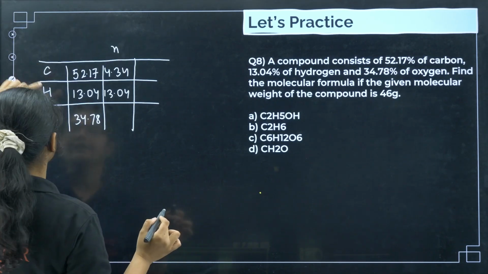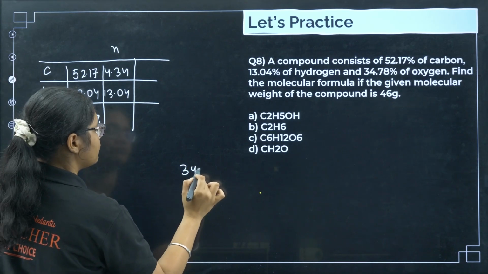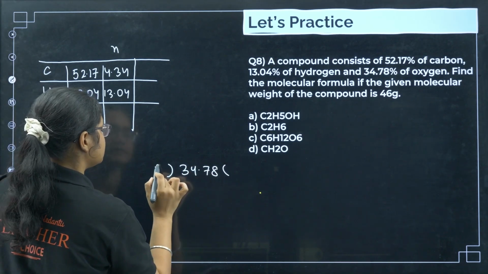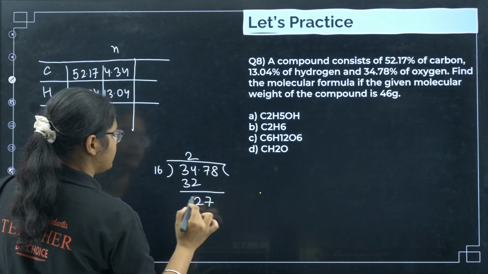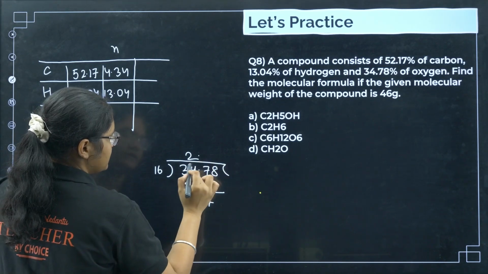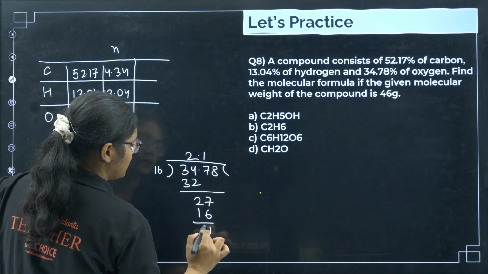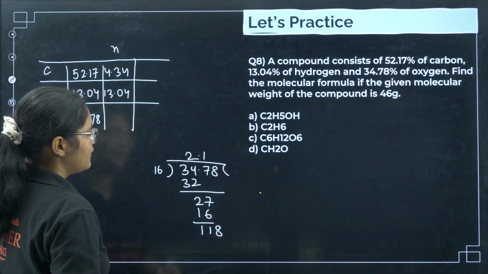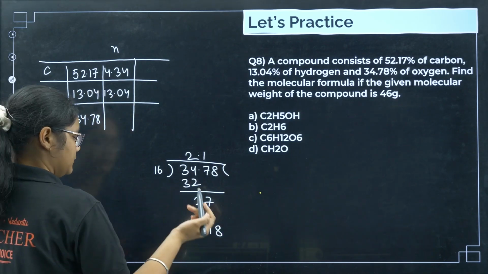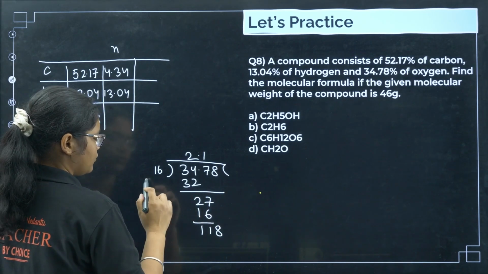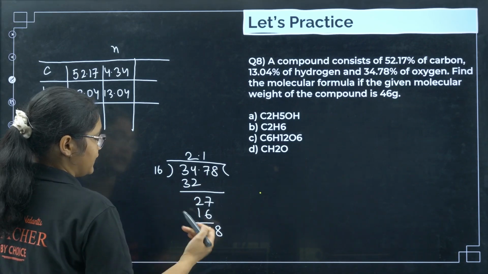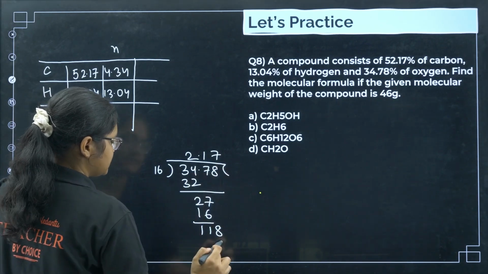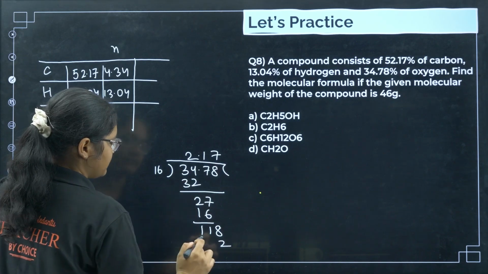34.78, right, so 34.78 divided by 16. So 16 2s are 32, then I get 27, then again 16 1s are 16, 11, 118, then I have 16 9 6s are 54, 9 is more, 8 6s are 48, 8 1s are 8 plus 4 12, 8 is also more, 7 I think, 7 6s are 42, 7 1s are 7 plus 4 11.